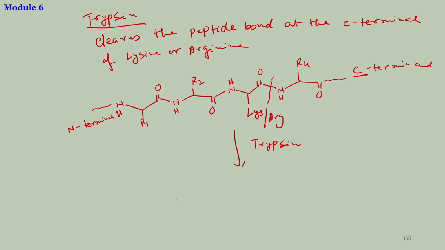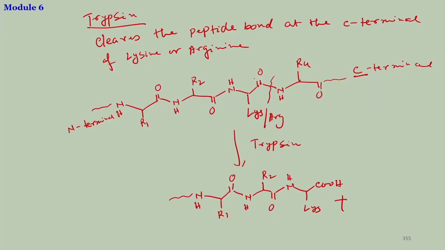So what will you get? You will find amine, R1, CO, NH, R2, CO, NH, lysine, and this is cleaved. So you have a free carboxylic acid here, plus your protein is now fragmented into at least two pieces.